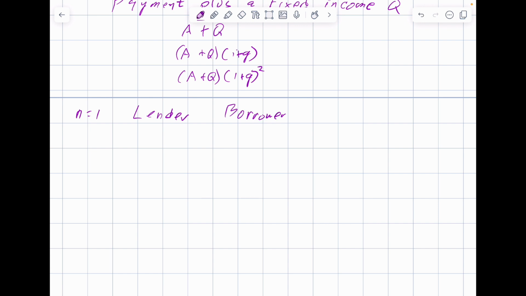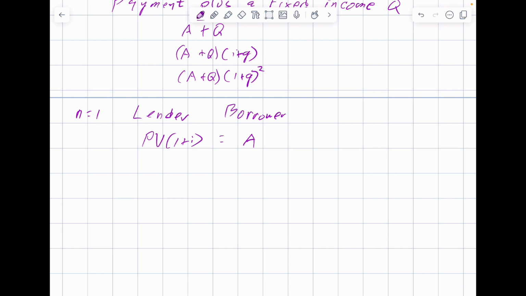At the end of the first period, or in this case year, the lender will have a future value of PV times 1 plus I, because his money will be earning I interest. The borrower will then pay back the loan in one payment in the amount of A at the end of the year.